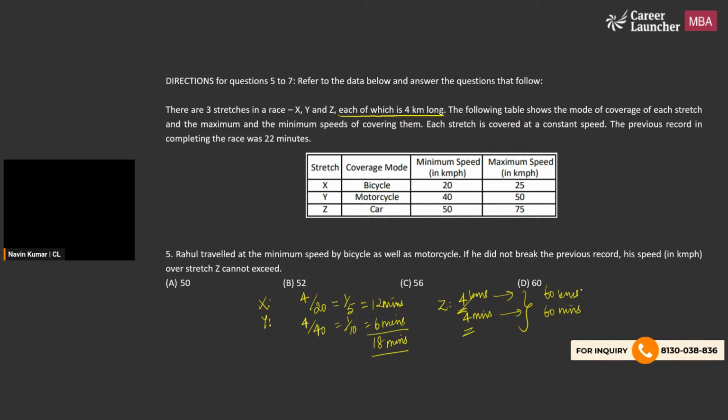So 60 minutes is 1 hour, and if he moves at the speed of 60 kilometers per hour, he will not be able to break the record. He will only achieve the same time that anybody else would have taken to complete that record, right? So he cannot exceed 60 kilometers per hour for the remaining part of his journey, which is stretch Z.